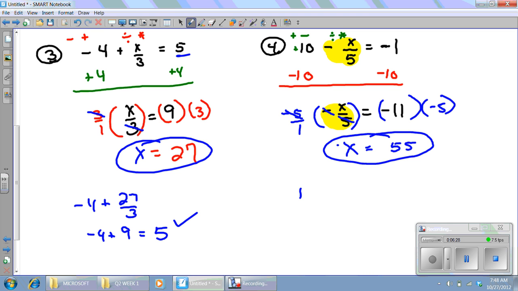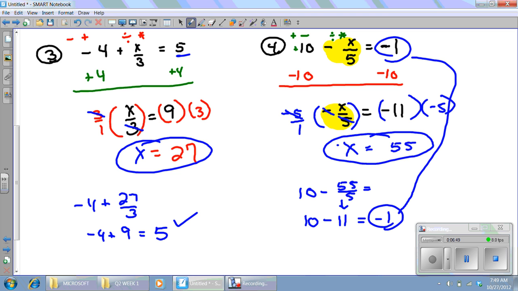If I check it, I get 10 minus 55 over 5 equals, let's find out. Order of operations, I have to do the division first. I'll get 11 and 10 minus 11. 10 positives, 11 negatives. I have 1 negative left. And look at that, it equals negative 1. I did it very well.